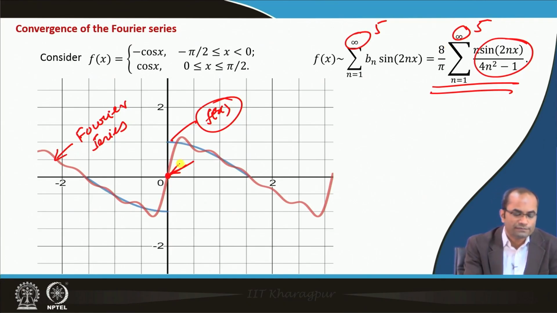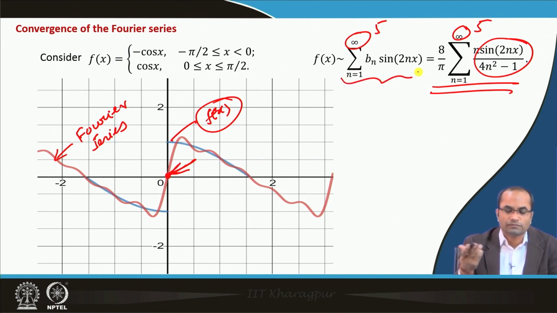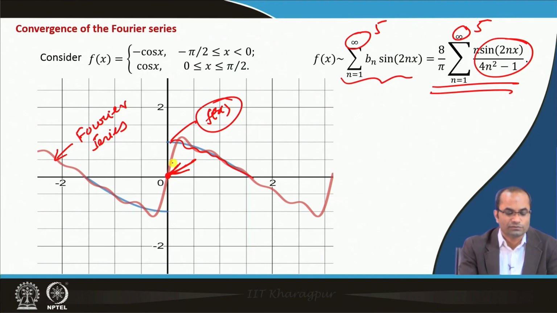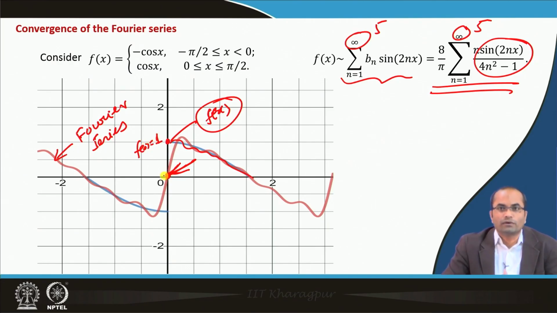So it will always produce this 0 irrespective of how many terms we are taking in the series. We can expect a better match elsewhere, but it will always pass through this 0. So it will have convergence issues, because at 0 the function value is 1, but the series will always pass through the origin.